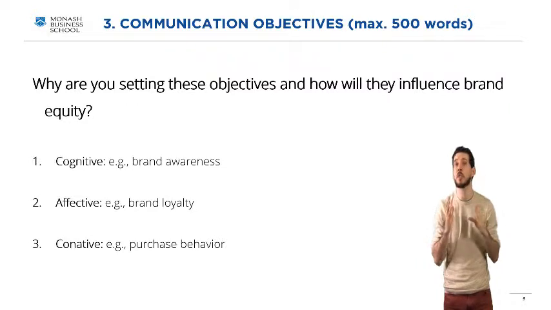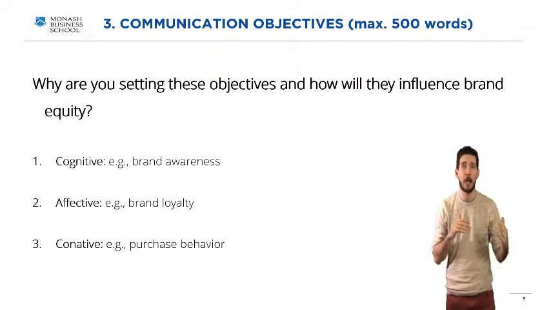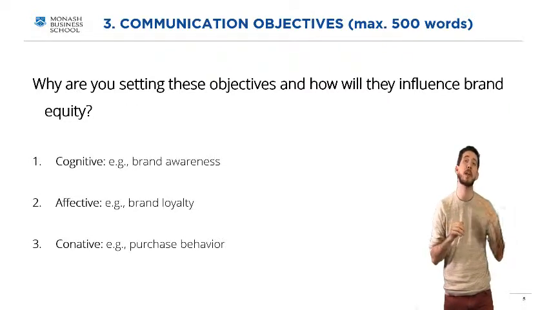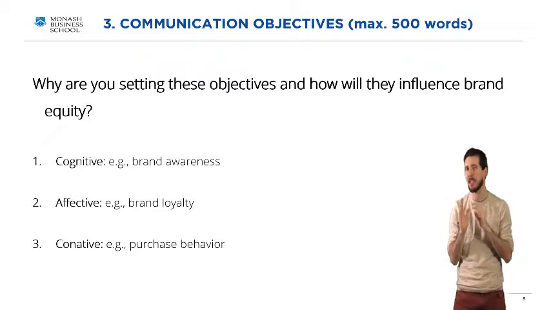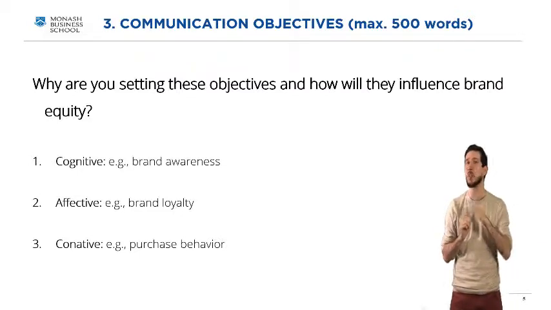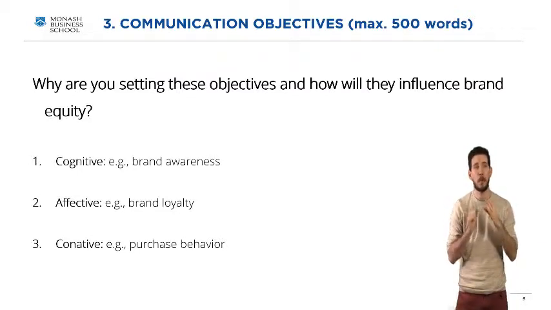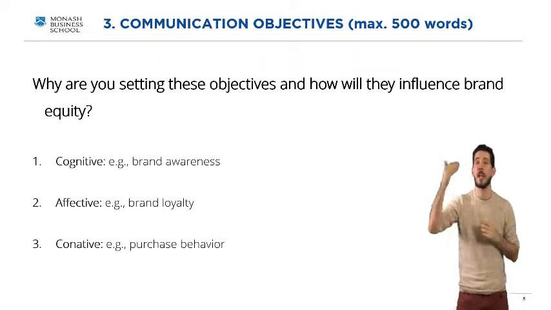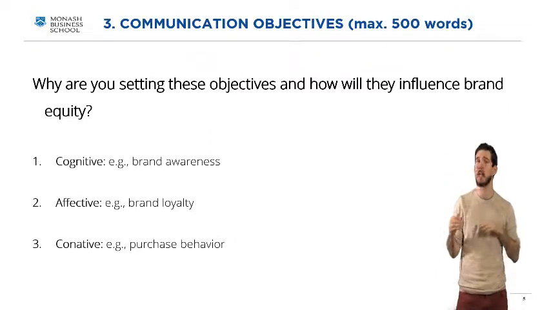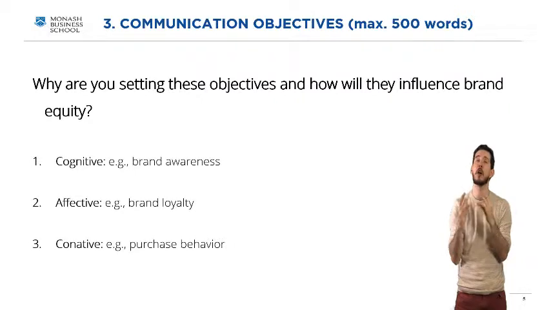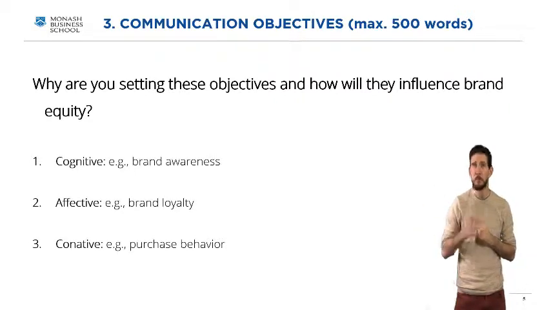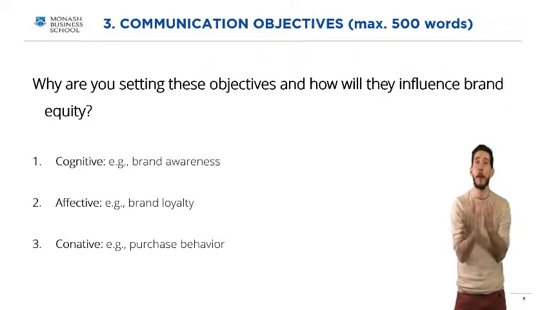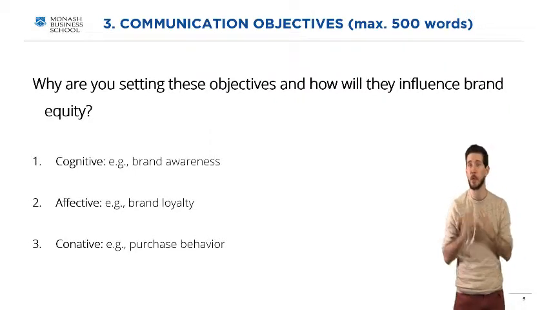Now, I suggest you look again at the slides in week 5 and week 6 when we discuss the difference between marketing objectives and communication objectives. But as a quick cheat guide, probably the easiest way to do it is by considering the hierarchy of effects objectives, meaning that we can have objectives that are at a cognitive sphere, for example, increasing brand awareness, or including our brand in the consideration set when it comes to choice.